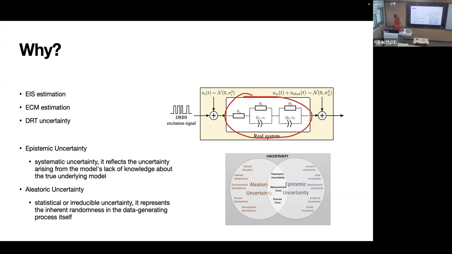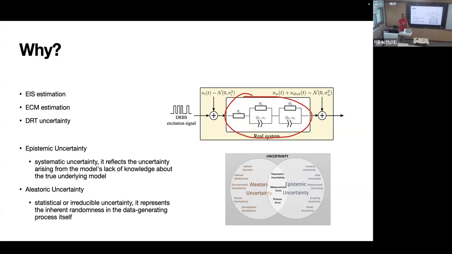Because of the complexity of the systems that you work with, it is practically impossible to be certain which model is the correct one. And on top of that, we are dealing with diffusion processes that have inherent randomness in their behavior. And that is why both of these issues are hindering our progress.